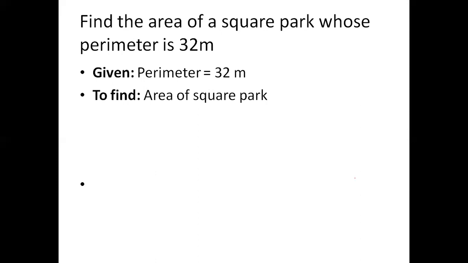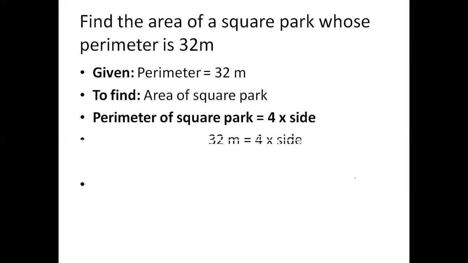So what we need to do is, first we will use the formula of the perimeter of the square park, which is equal to 4 multiplied by side. Perimeter we will use 32, so we will substitute 32 is equal to 4 multiplied by the side. Now what I will do is, I want the value of the side. So 4 multiplied by side is there.